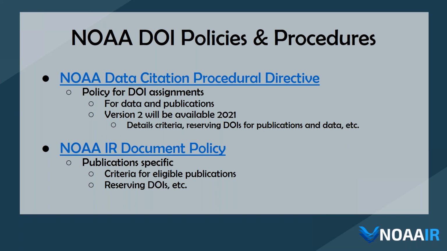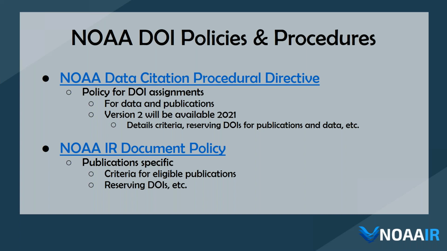In version 2, it will have information about reserving DOIs for publications and for data. And there will be some clarified language in regards to some of these processes too. So keep an eye out for version 2, but the basis of the policy, which is still available in version 1, still holds true.